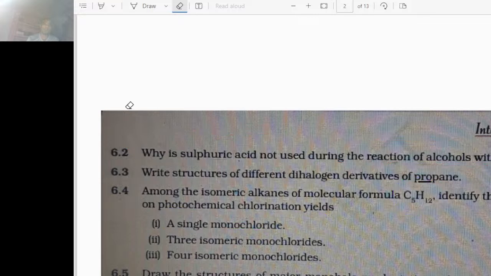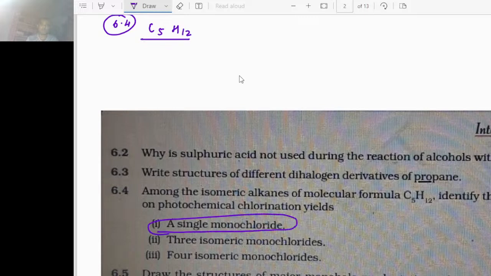So what are the compounds? C5H12 is there. Here, student, first one, a single monochloride. So you can make it like that: CH3, this is CH3, this is CH3, and this is CH3.